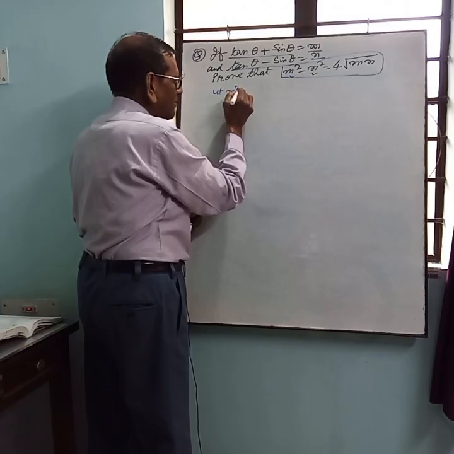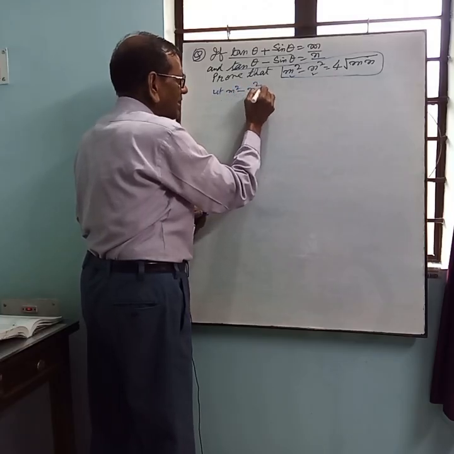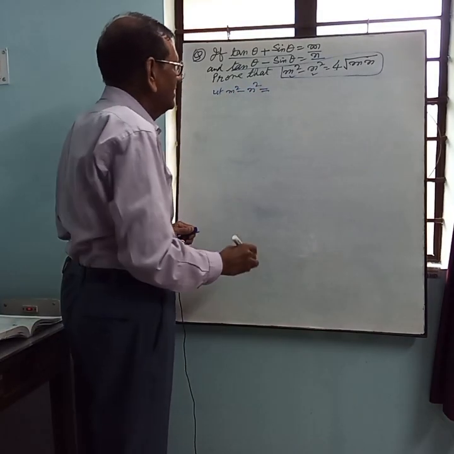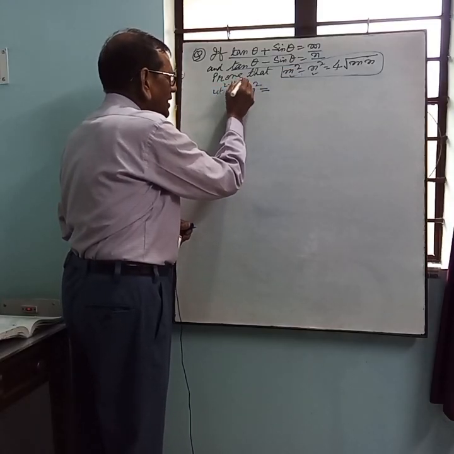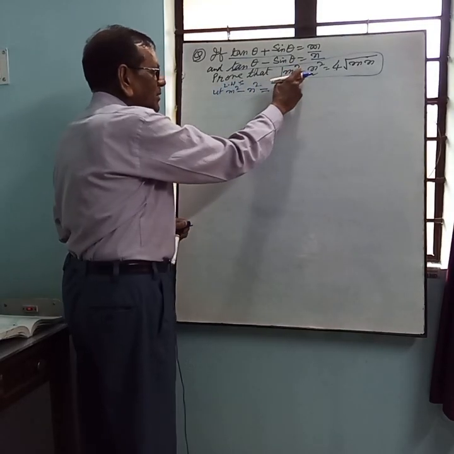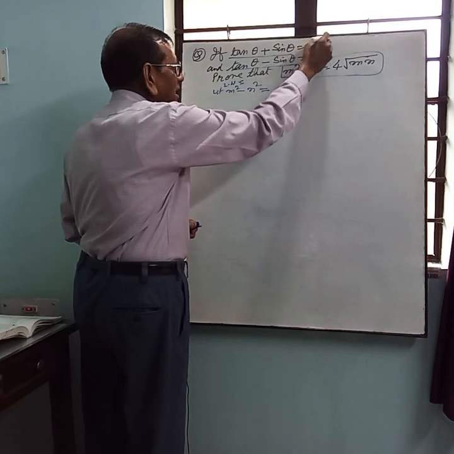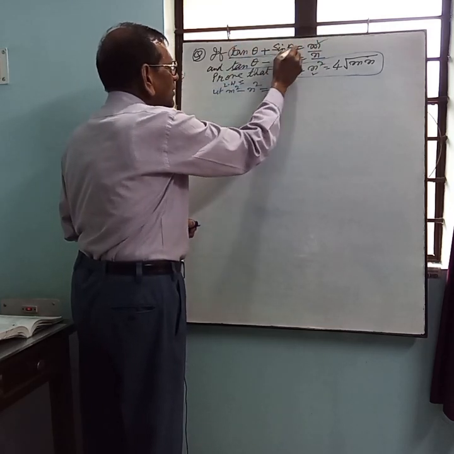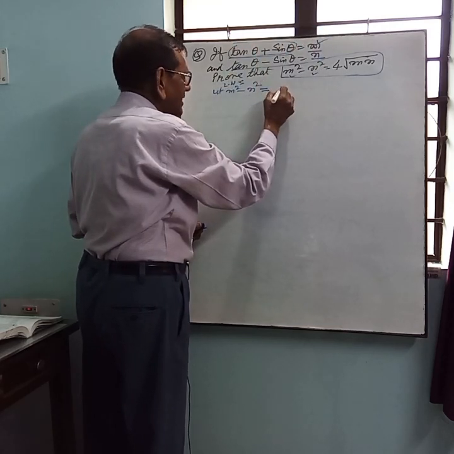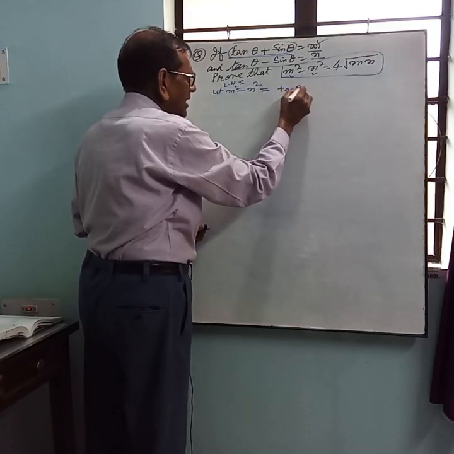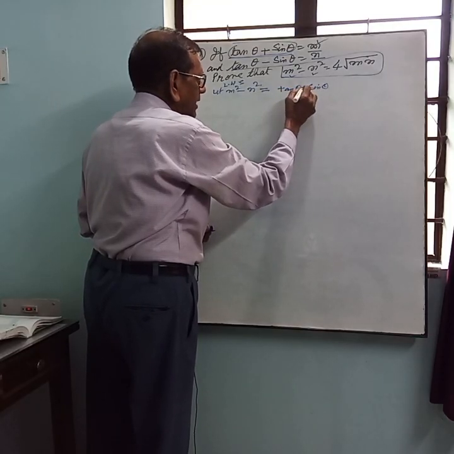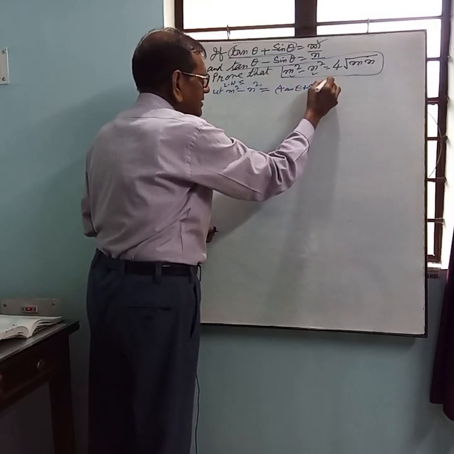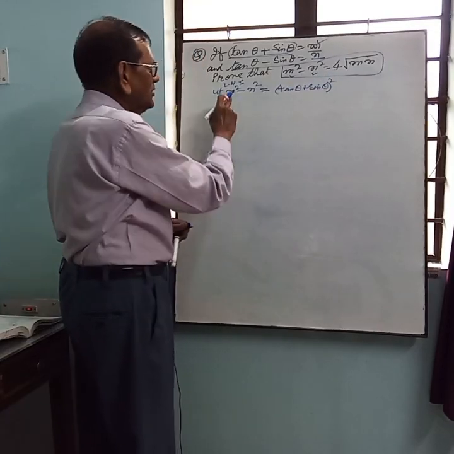m square minus n square, what we can write? The left hand side of the proof starts with m square minus n square. What is m? Here it is m. So put this value tan theta plus sin theta, that it is square, m square.